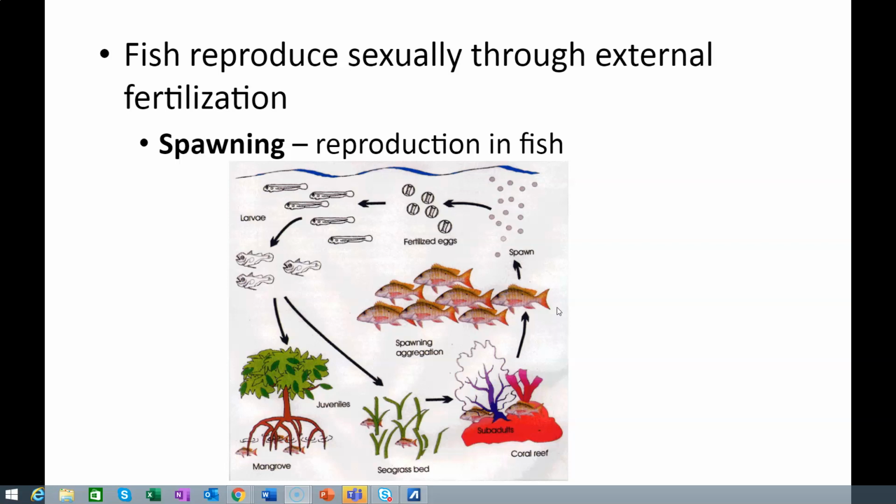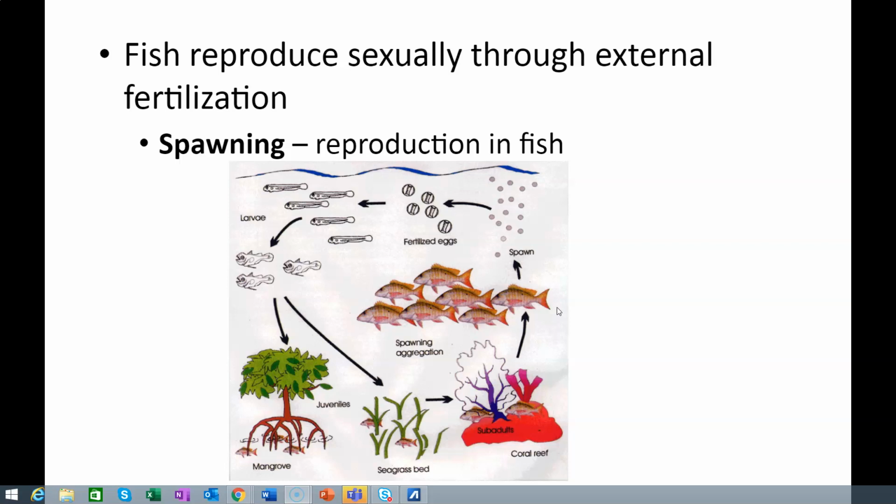And during this process, members of the species will come together to form an enormous group, and then they all release their eggs and sperm at the exact same time. This enhances the chances that an egg will be fertilized, and that ensures the survival of the species of fish.